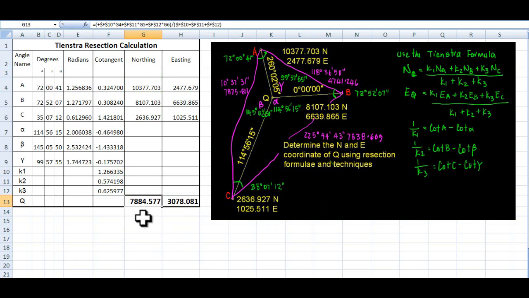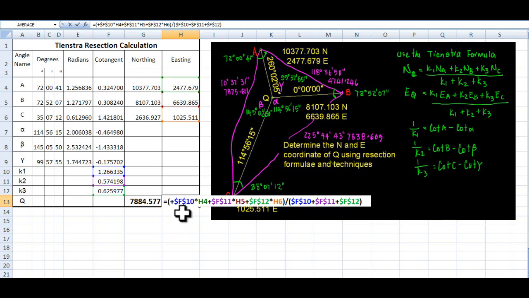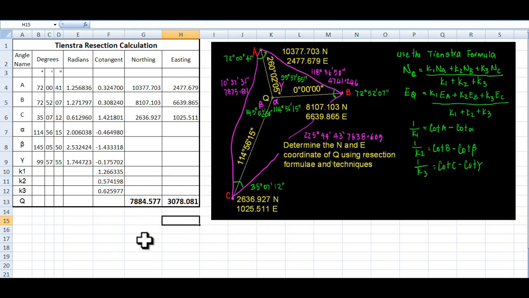Then I can quite simply copy that equation across to here, and again you'll see that it's F10 times H4, H5, H6, and there you are. That calculates very nicely the northing and easting of Q using the Tienstra resection calculation.